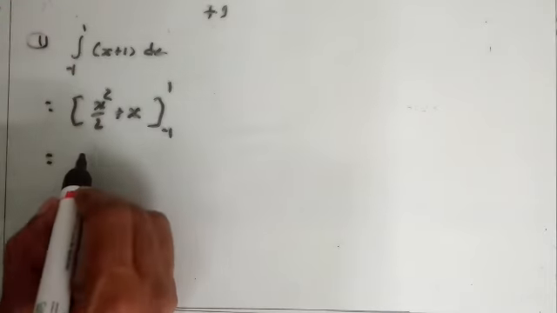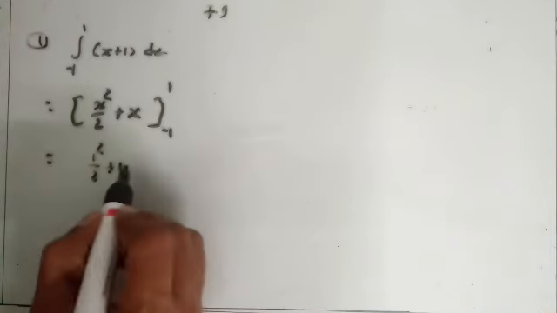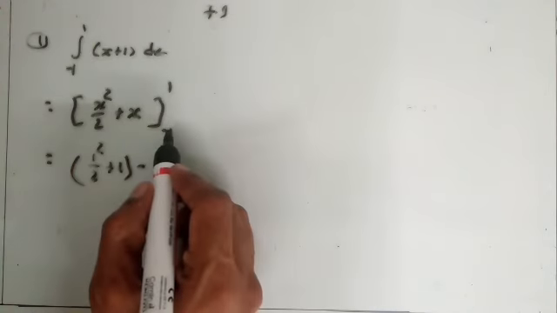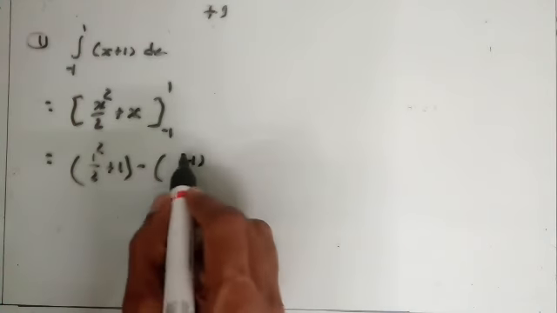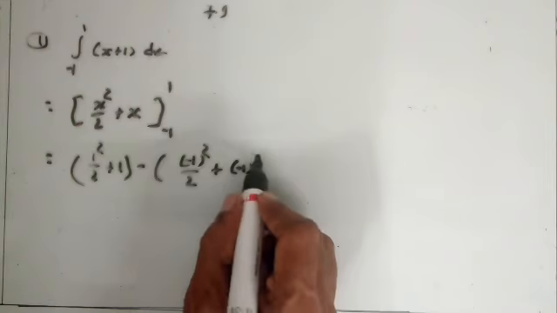Same applies here. b is equal to 1, so replace x by 1: 1 square upon 2 plus 1, minus, in brackets, replace x by -1: (-1) square upon 2 plus (-1). Clear?